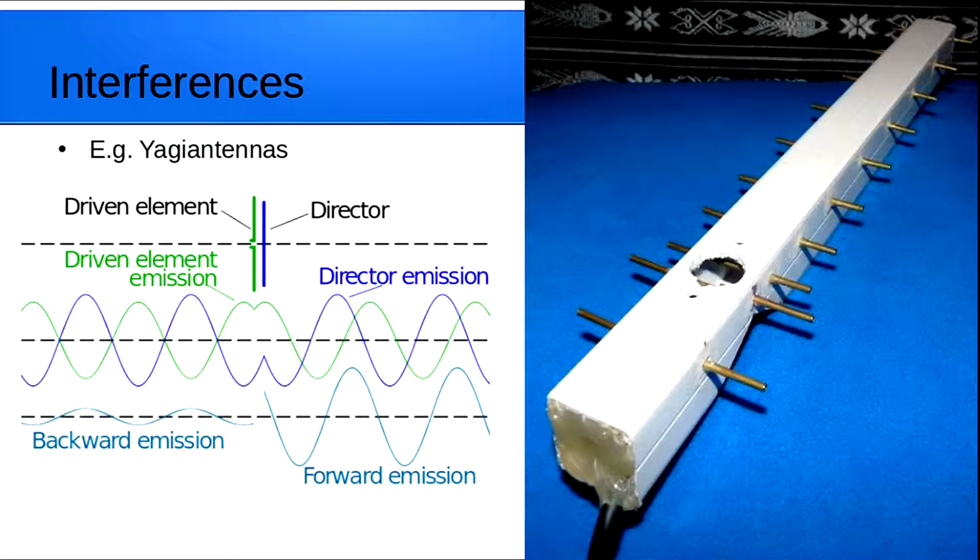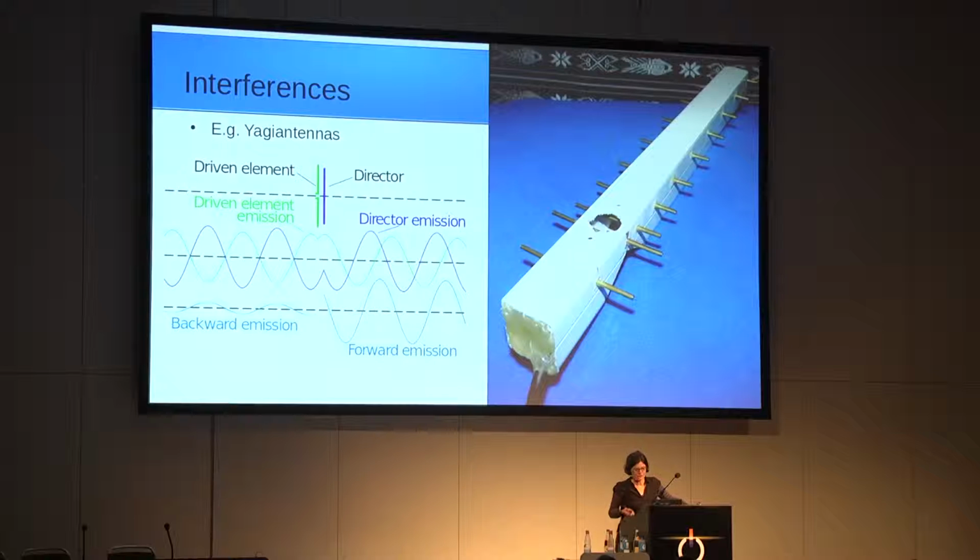The parasitic elements are receiving the signal from the driven element and at the same time also sending it out again. And they are not exactly resonant, but somewhat shorter or longer than our half lambda wavelength. And this creates a capacitive or inductive reactance. And this reactance modifies the phase of the element's current with respect to its excitation from the driven element.